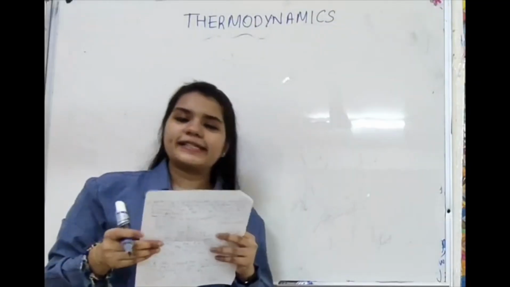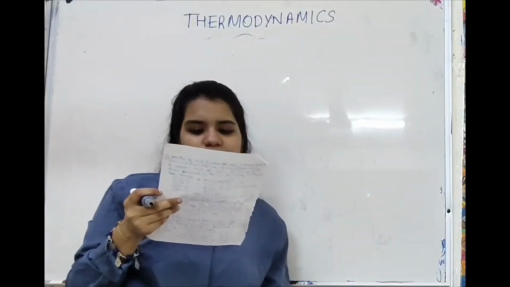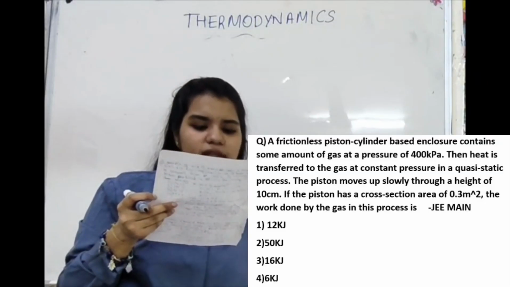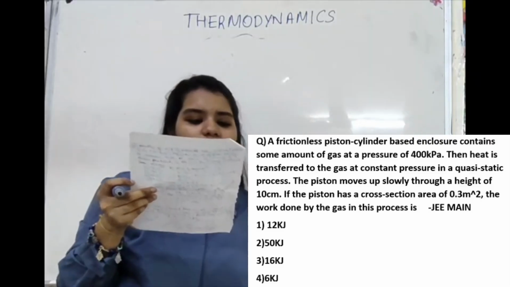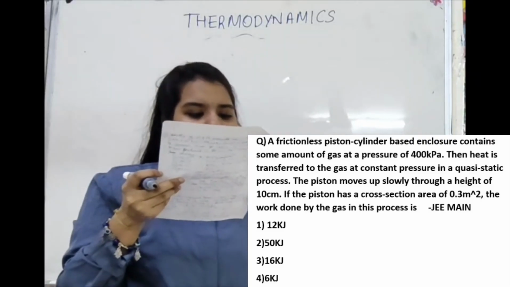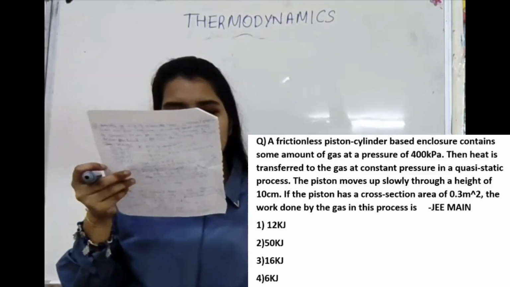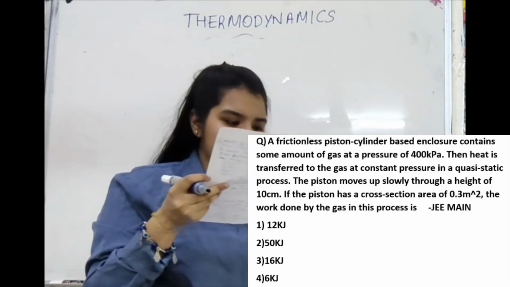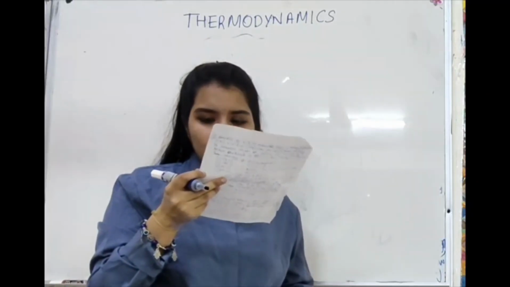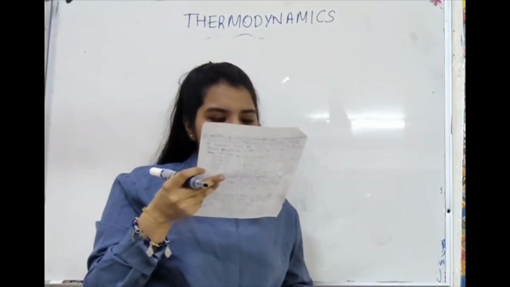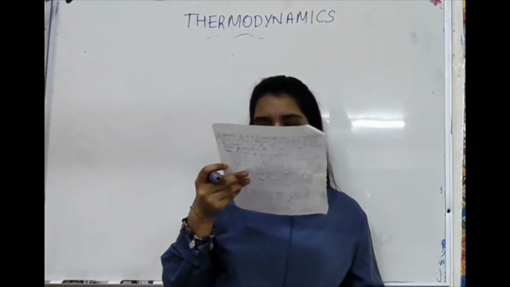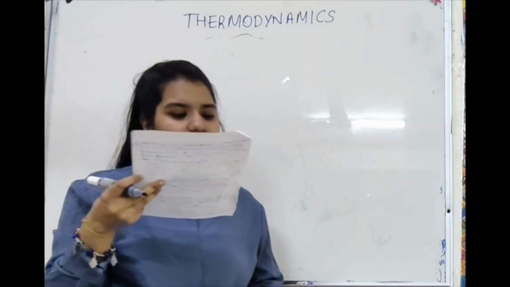Okay guys, let's go to the second question. A frictionless piston cylinder based enclosure contains some amount of gas at pressure of 400. Then heat is transferred to gas at constant pressure in a quasi-static process. The piston moves up slowly through a height of 10 centimeter. Piston has cross-section area of 0.3 meter square.